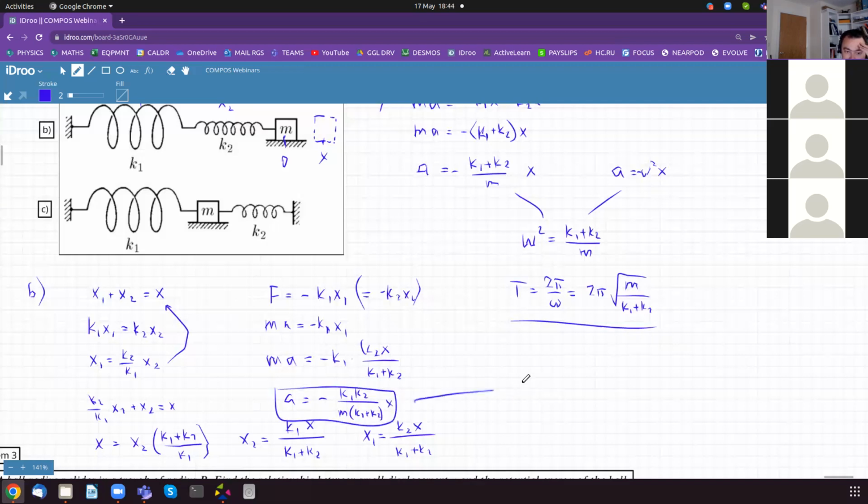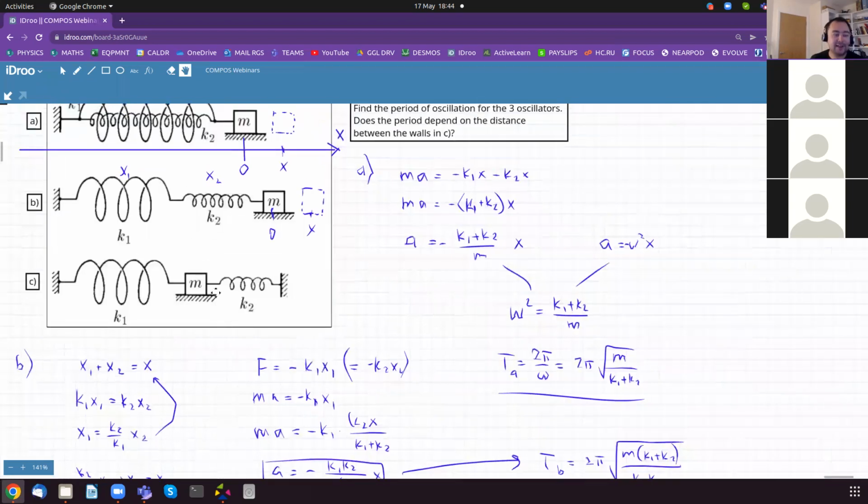And from here, we can find the time period of A, and the time period of B, the second oscillator, is equal to 2 pi square root of m times k1 plus k2 divided by k1 k2. Right. Hope that makes sense.